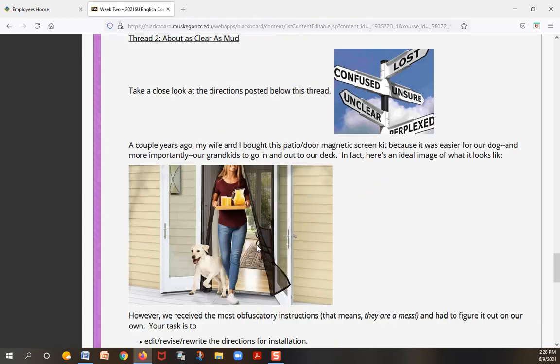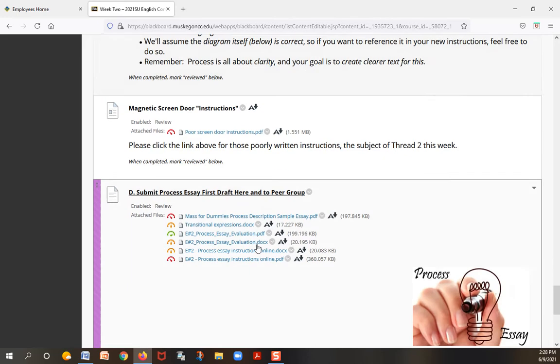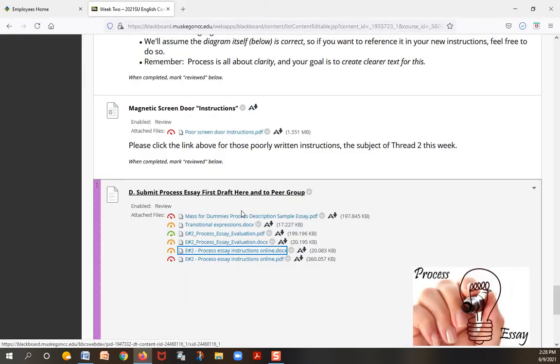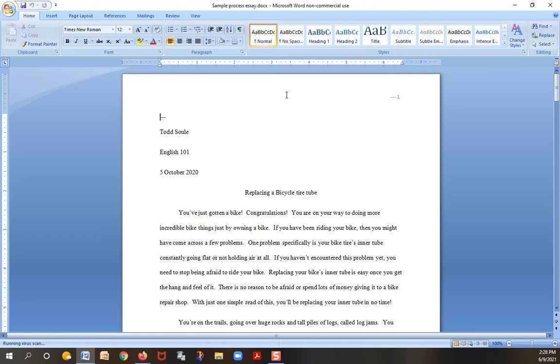So I'm going to pull up the instructions as a Word document here for a process essay. And this is a sample essay I'll be looking at with you in just a few minutes, but I'm waiting for the other one to load while the virus scan runs. It's running. Here we go.